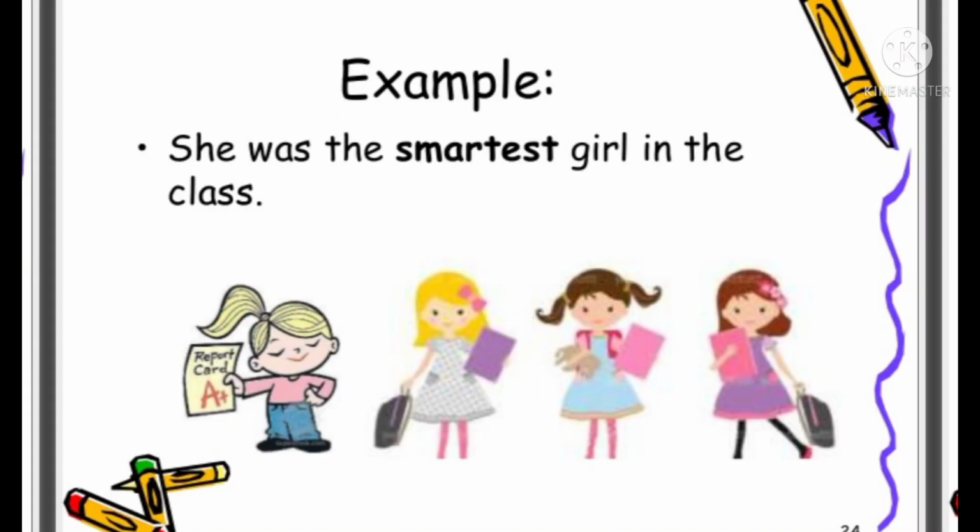Look at this example. She was the smartest girl in the class. There are four girls and one is having a picture. That girl is the smartest girl. So est is used in order to form superlative degree. Also the is used before this adjective, that is the smartest.